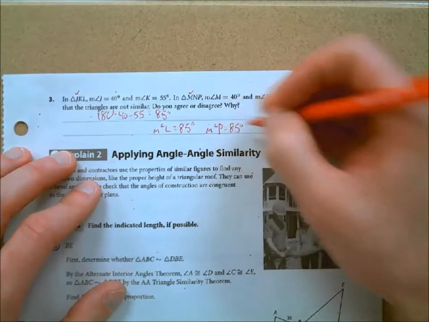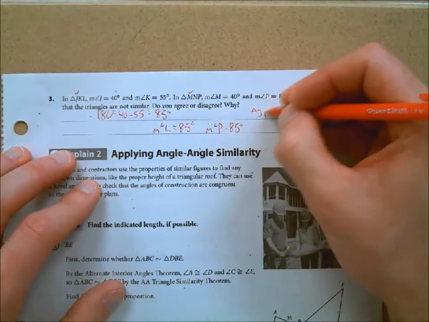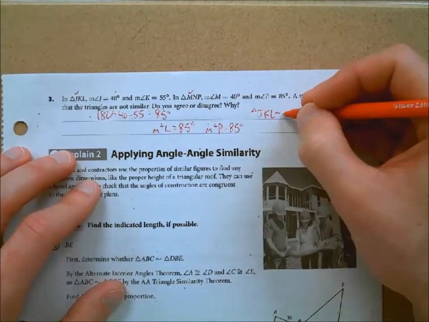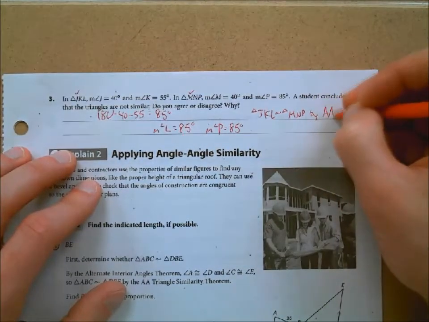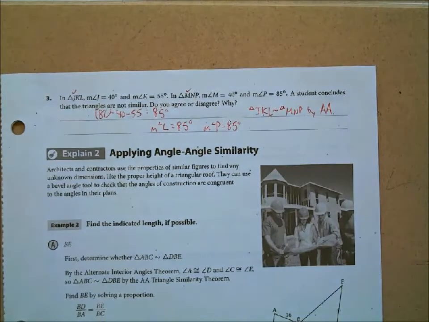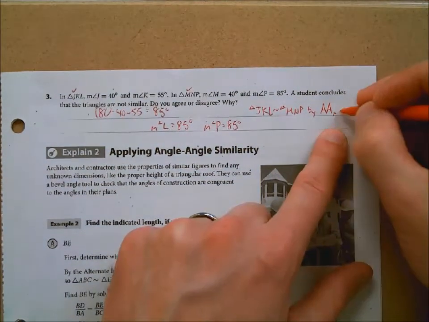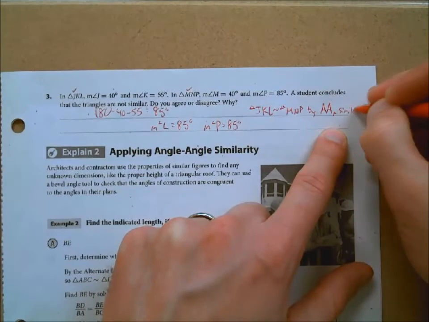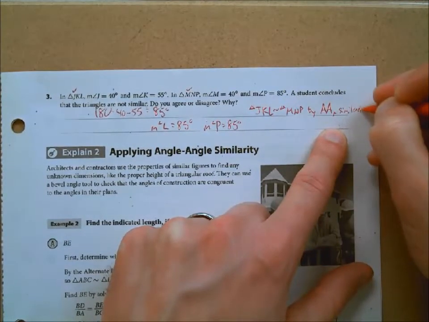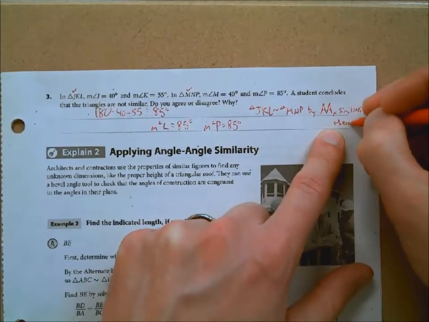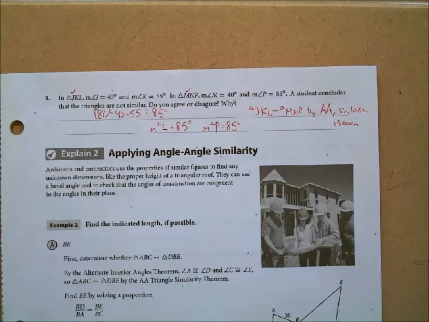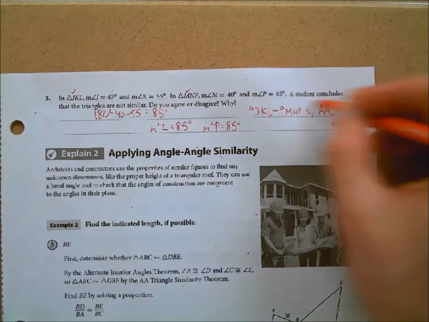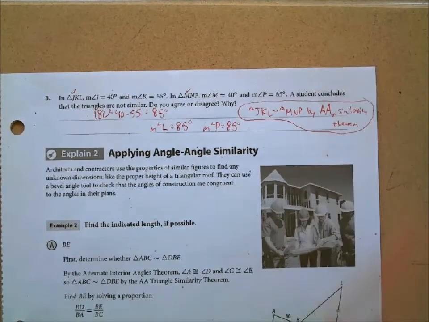So we can say triangle JKL is similar to triangle MNP by angle-angle similarity. I'll write that out. Angle-angle similarity theorem. So in fact, the student is wrong. So make sure that you're checking corresponding angles there for the angle-angle similarity.